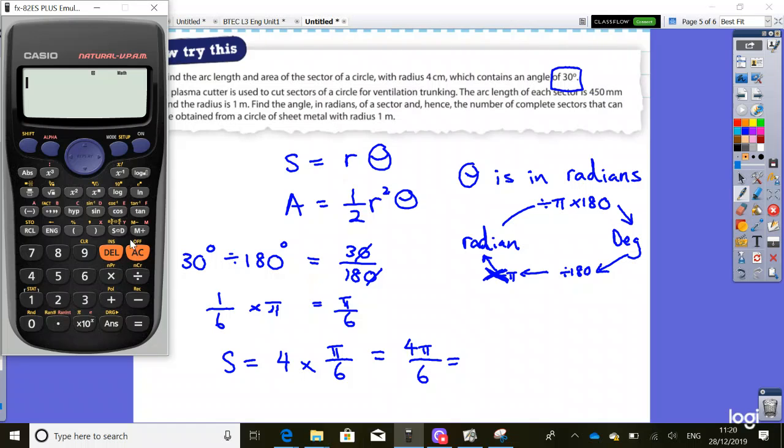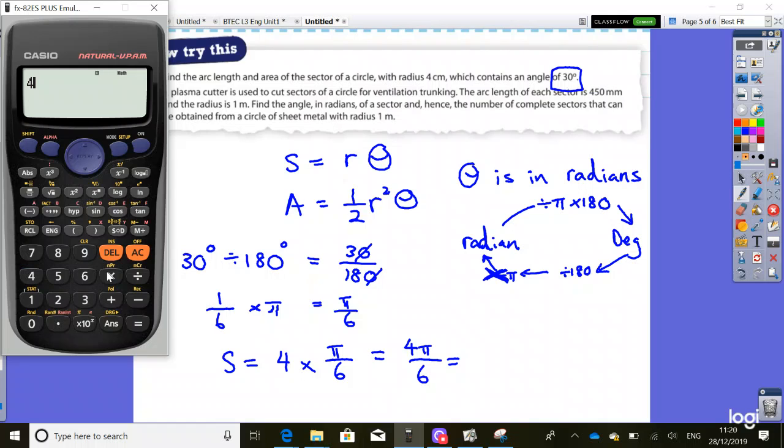Is there a choice here? 2 is ORG. Nope. Oh, I see, let's go here and 4. Okay, so now it's in radian mode.